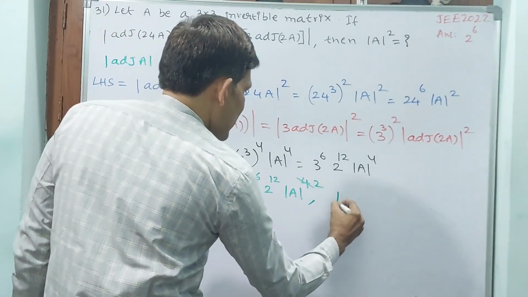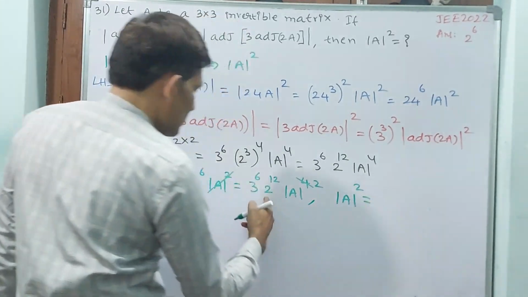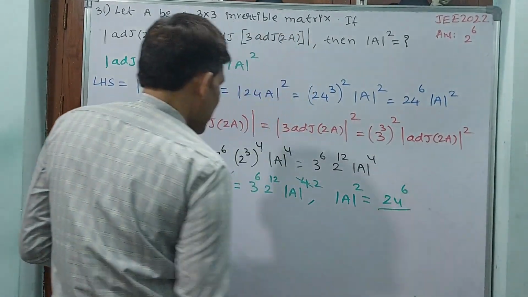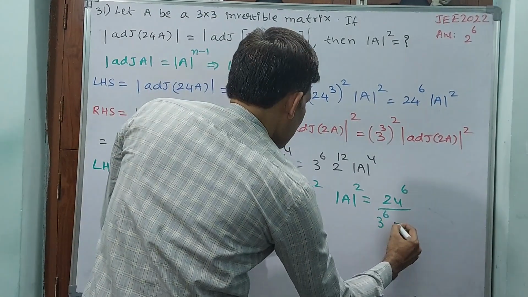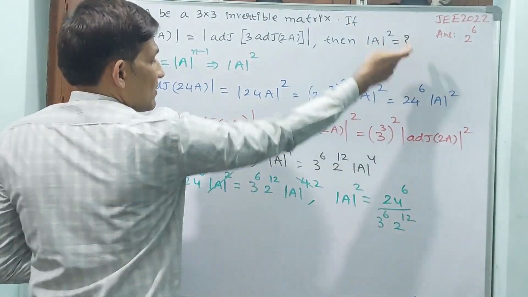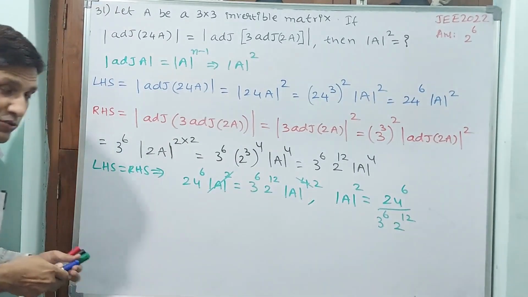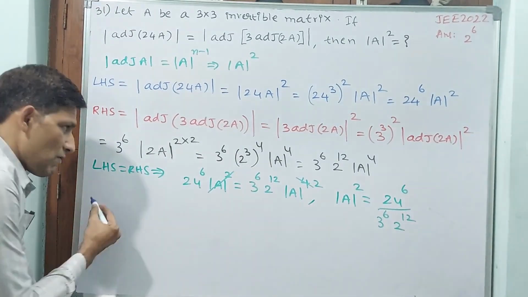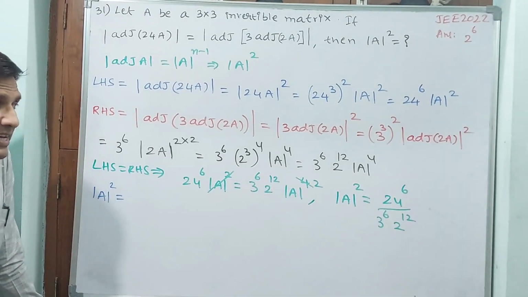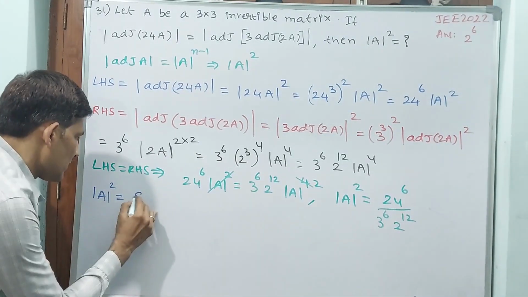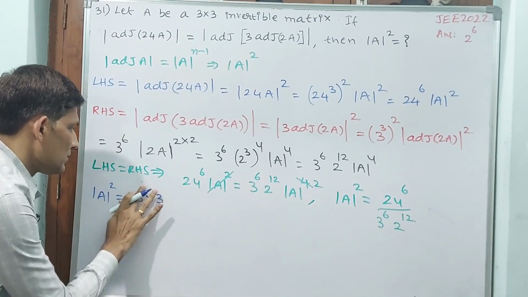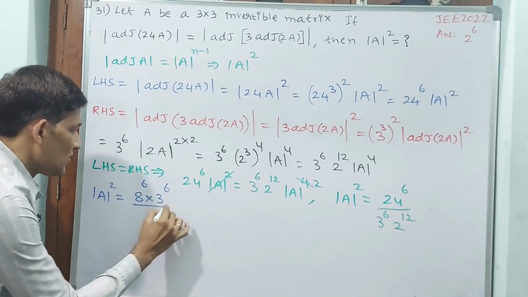Now see what I want to write. Determinant of A square is equal to, you send this to the denominator, 24 power 6 divided by 3 power 6, 2 power 12. See, you want this only, determinant of A square only, but a little bit of modification you have to do. See what I want to write. 24, can I split into 8 into 3? Why?